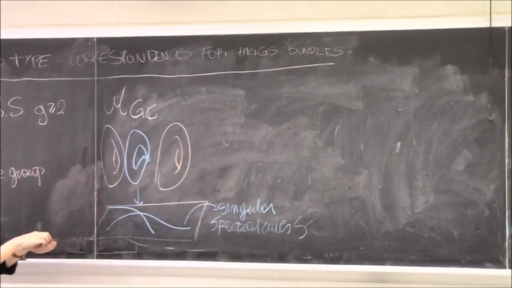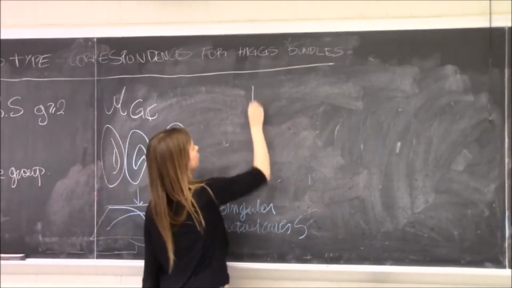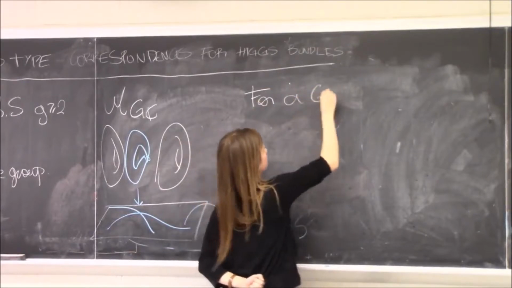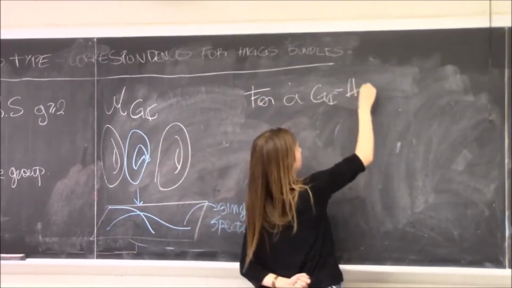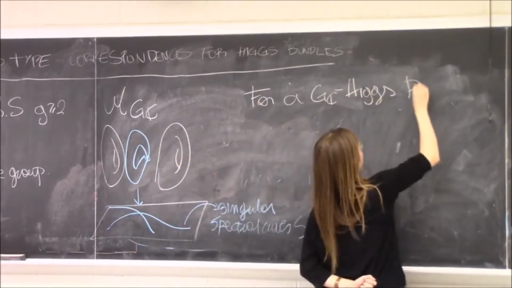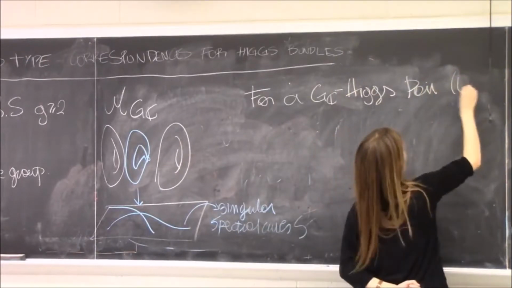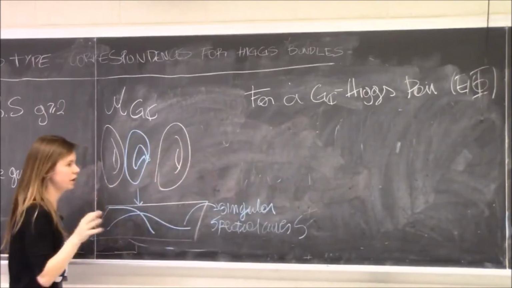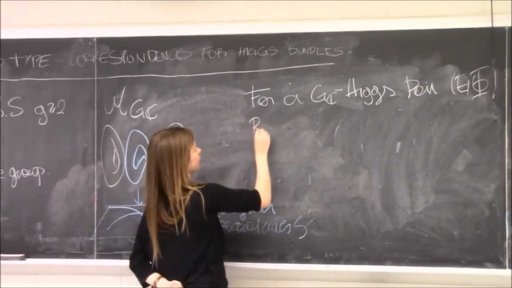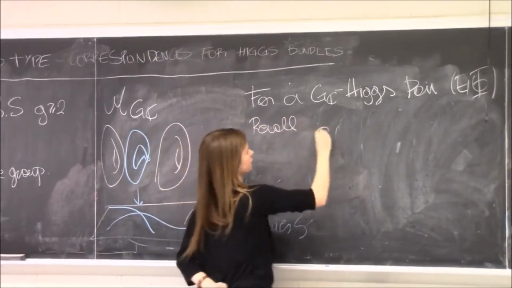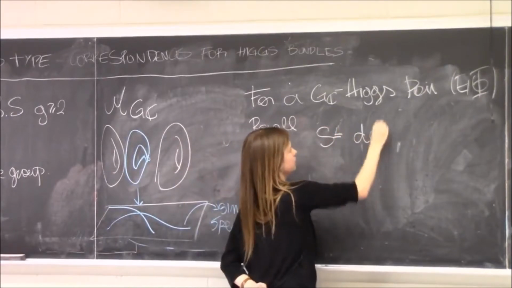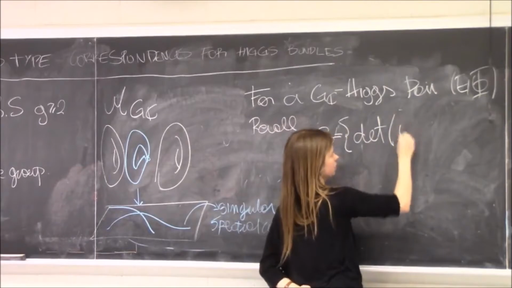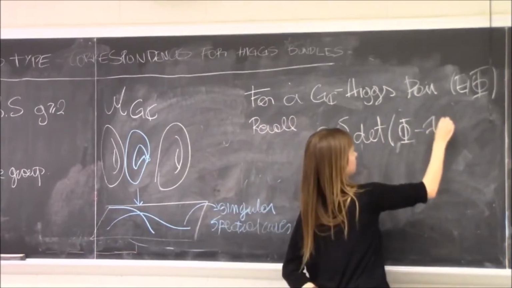And the spectral curve S, for a G_C Higgs pair (E, phi), just a generic G_C Higgs pair, we haven't said anything. Recall that S is given by the zeros of the characteristic polynomial, so determinant of phi minus lambda times identity.